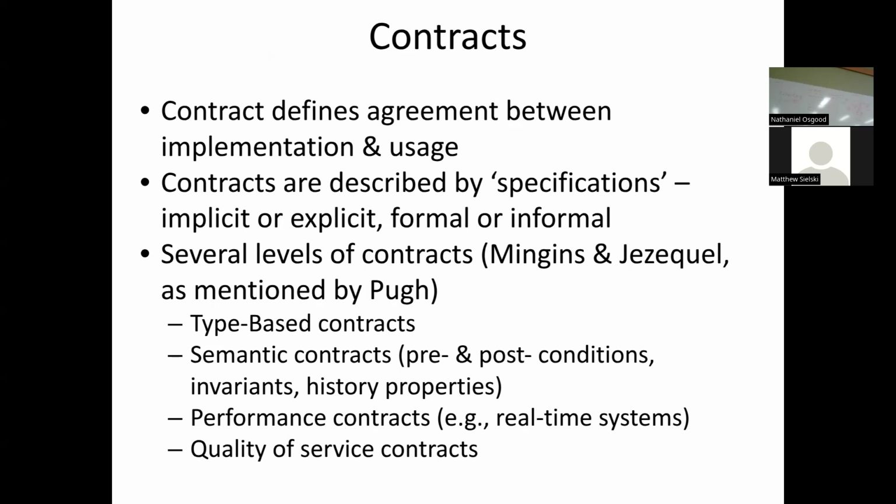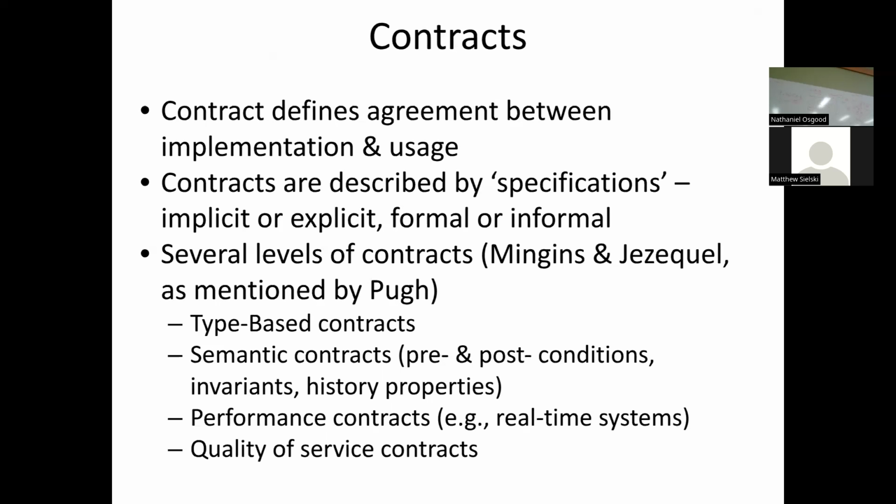We have many types of contracts in software engineering. We have contracts that use types very strongly, but also contracts we're going to be talking about that provide semantics of behavioral guarantees with pre and post conditions. And for classes, we also have invariants and history properties, which we won't be talking about today, but in a later session.